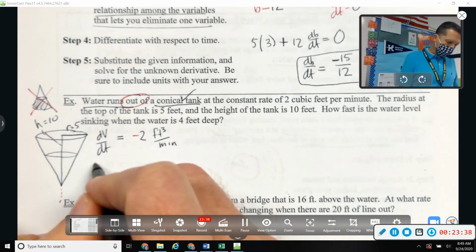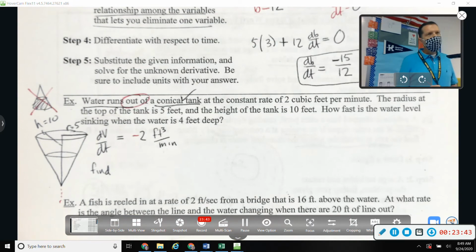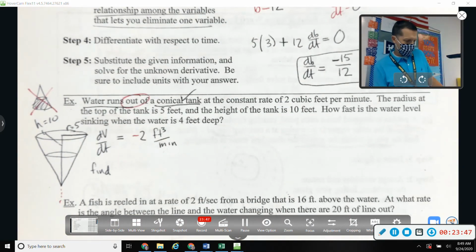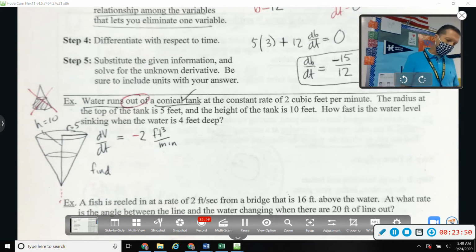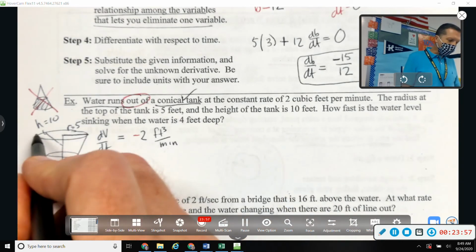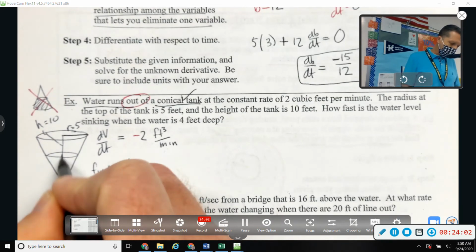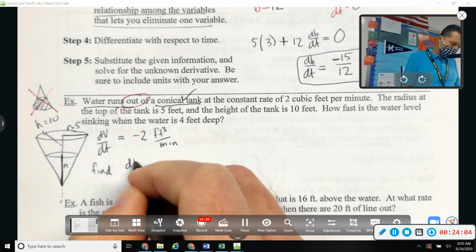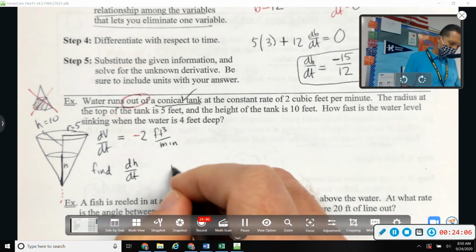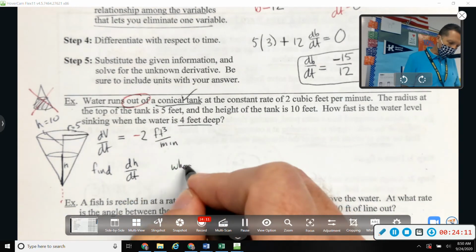So what am I trying to find, in terms of calculus variables? How fast is the water level sinking? dh/dt. I'm going to call it h, but L is fine. That's this height. So find dh/dt when the water is 4 feet deep, so when h equals 4.